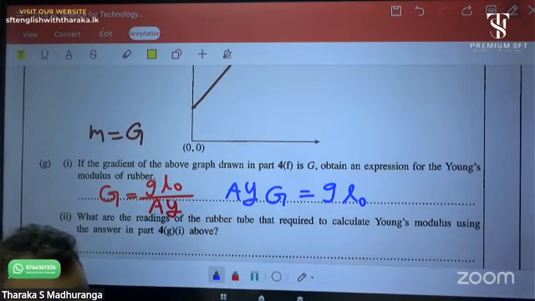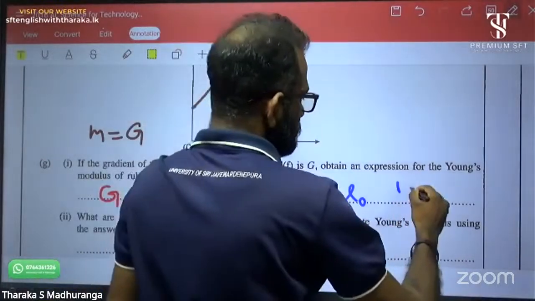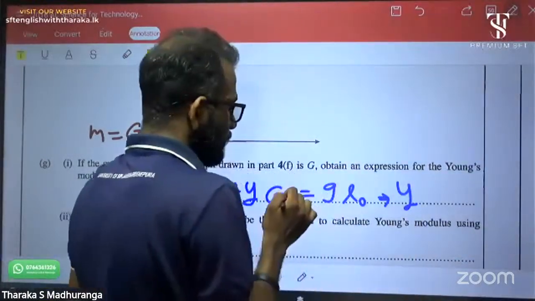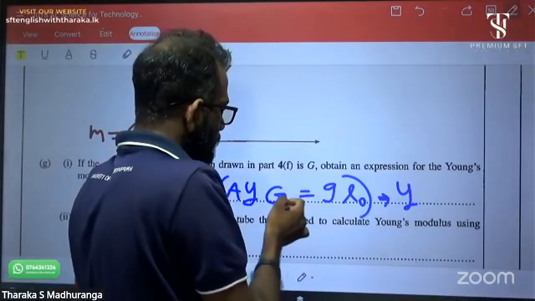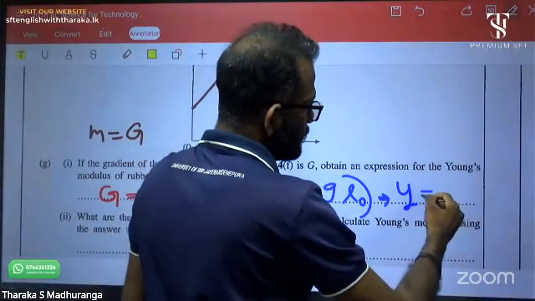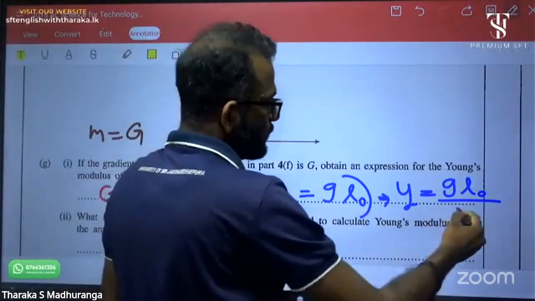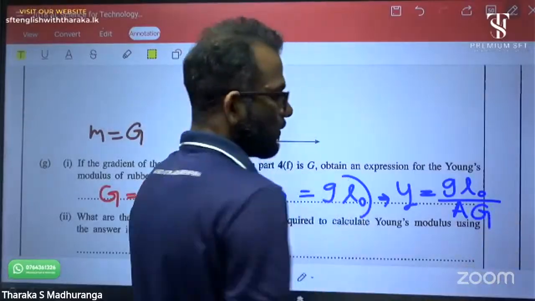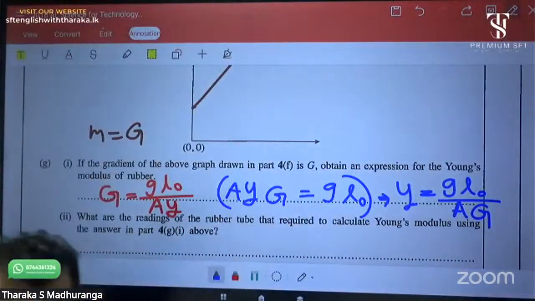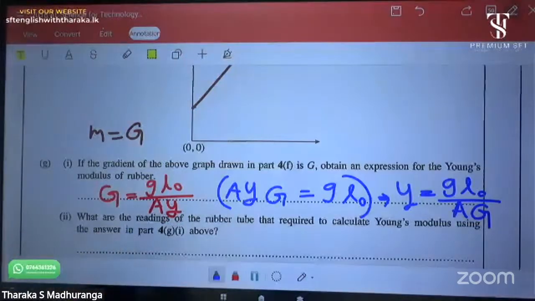Now you can isolate the Young's modulus. Young's modulus equals small g L naught divided by A G. Okay, Young's modulus equals small g, gravitational acceleration, times L naught divided by A G. A G means cross section area times gradient.